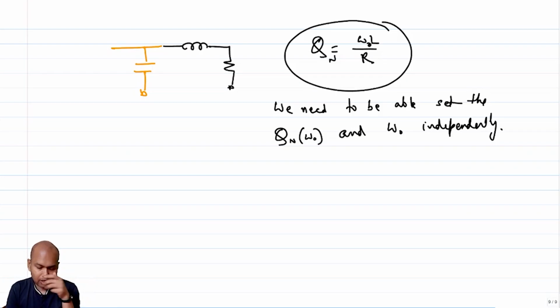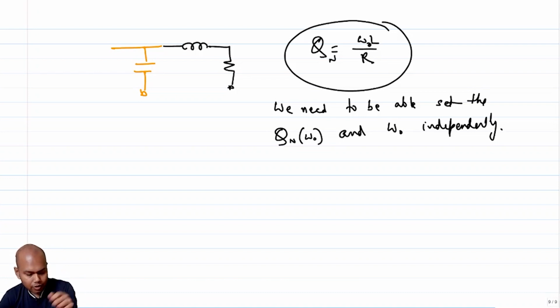So if we want to do that, one might say that now we have two variables, we have L and we have C. I use L to set the Qn, and I use C to set the omega naught. In principle, there is nothing that is stopping us from doing it, but the issue will be the profile of your match, right? Sometimes you would want to have a narrowband profile. If you recall the Q factor of a second order system, it's essentially center frequency divided by delta omega, right?